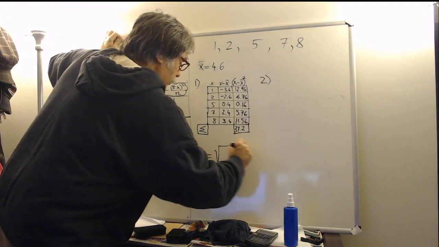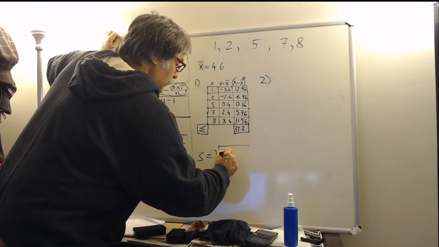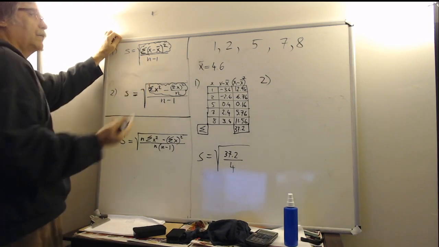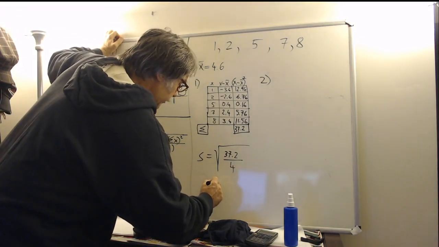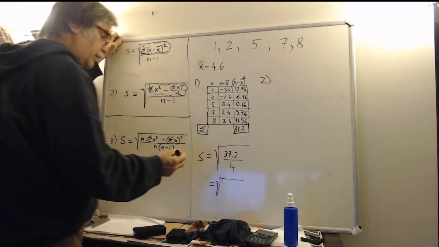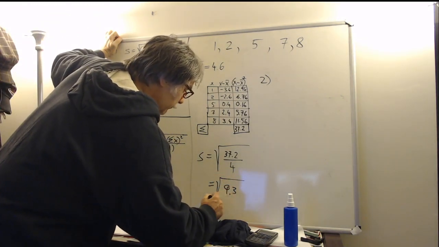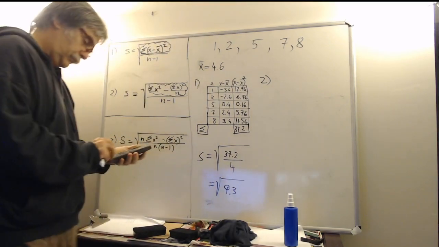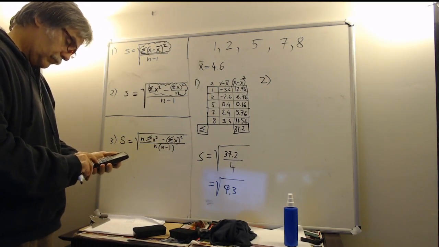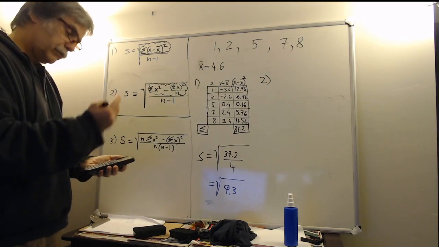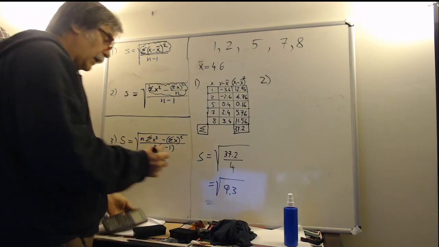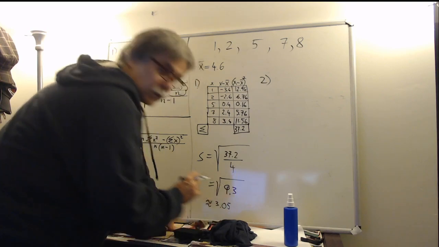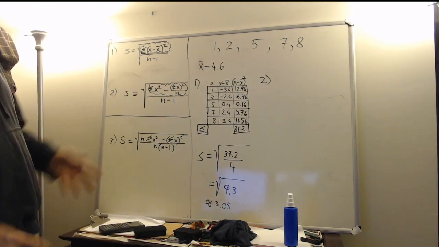The calculation says now you have to use this 37.2 divided with 4, n minus 1, and you end up with, if you divide 37.2 with 4, you get 9.3, and when you take a radical of 9.3, see, lots of calculation, is approximately 3.05. Approximately 3.05. It has more decimals, so I am not going to write all of them, but that's approximation.